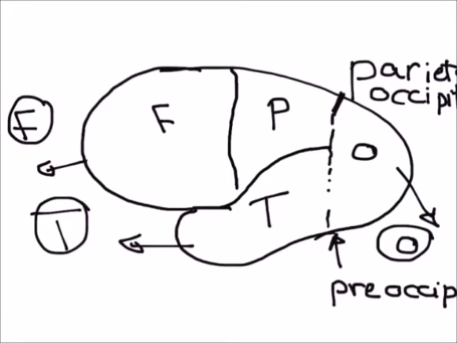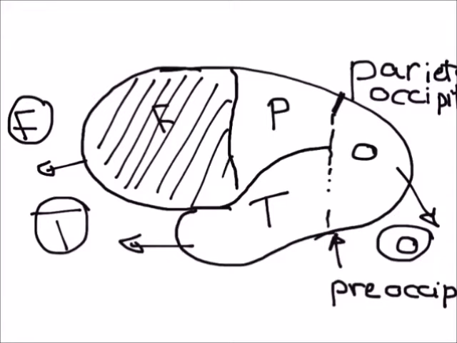Okay, now we will focus on the frontal lobe. What are the important sulci, gyri, and important functional areas? This arrow is pointing to the frontal lobe of the brain.